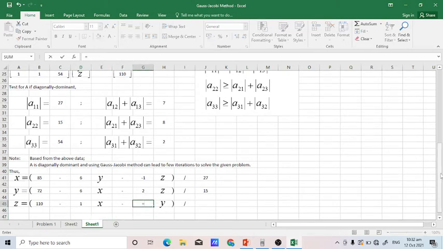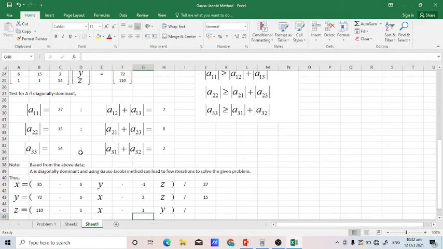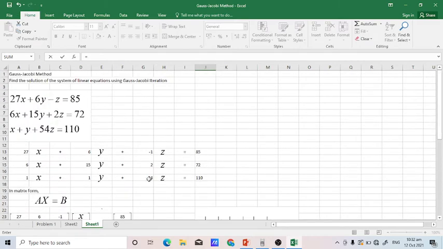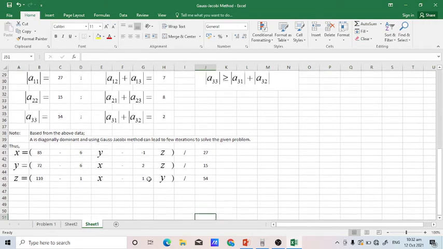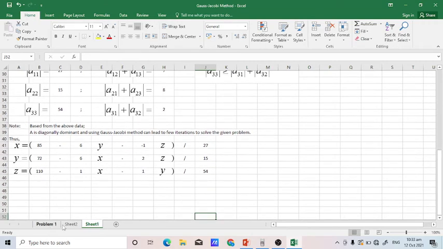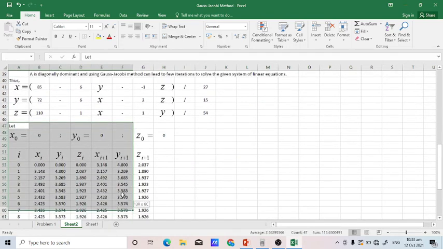Coefficient ng y dun sa third equation, 1. Okay. Over coefficient ng z sa third equation, 54. There. Okay. So, meron na tayo. And then, gagawin natin ay mga ito.